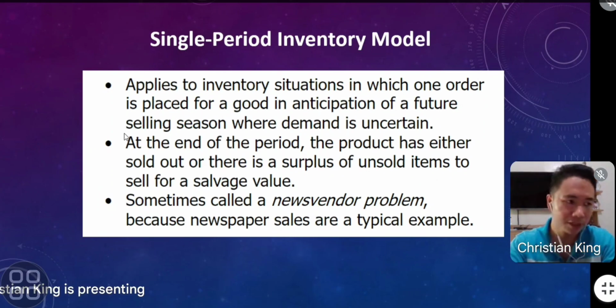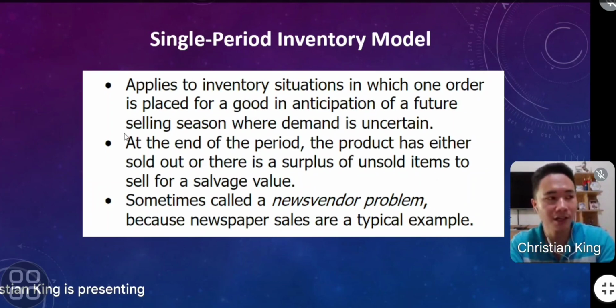For instance, you'll be readying supplies for an uncertain demand because you're unsure if this season will have a high level of demand or a low level of demand. And second, at the end of the period, the product has either sold out or there is a surplus of unsold items to sell for a salvage value.